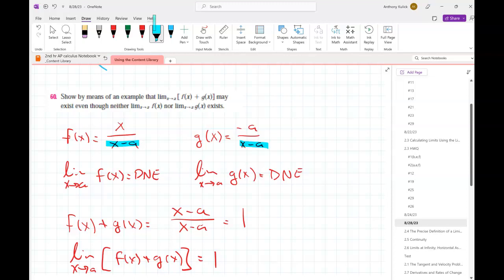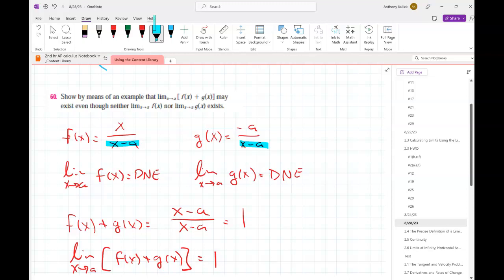If I add these two together and I want to get a limit back, the denominator needs to cancel out, because that's the part that's a problem. If I can cancel that denominator out, then everything is going to be fine. So what do I do? Well, they already have a common denominator, so when I add the two numerators together, I need to get x minus a.